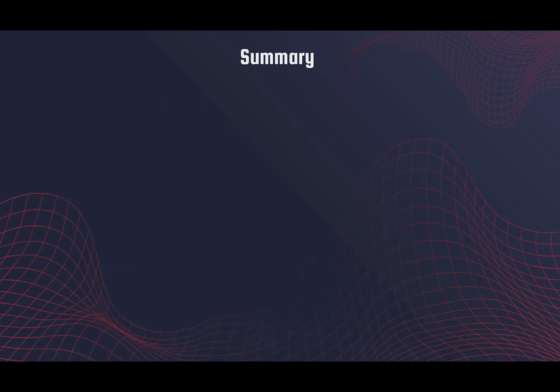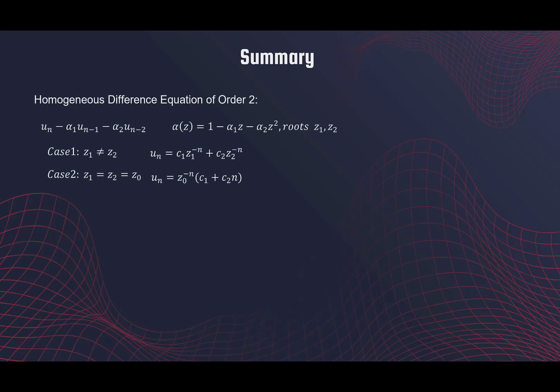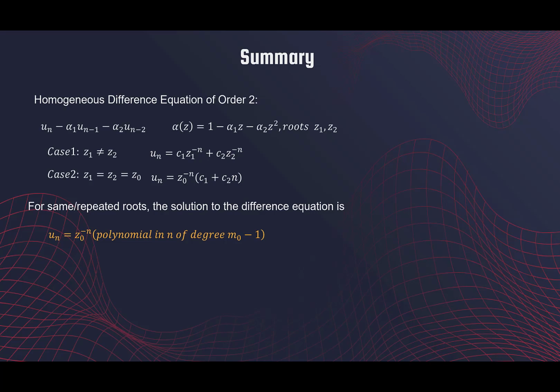Now to go to the other case, that is, the two roots are the same. We can rewrite this as z0 raised to minus n times a polynomial of degree m0 minus 1. m0 is again the multiplicity of the root z0, and remember we are saying that the two roots are the same.